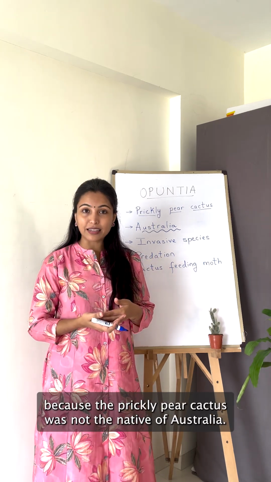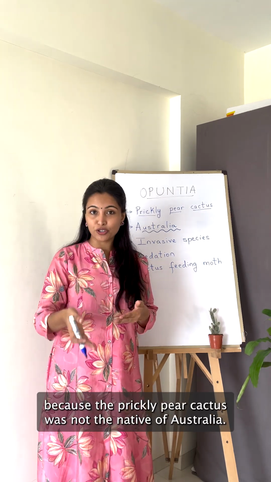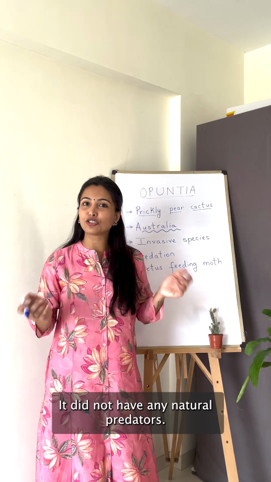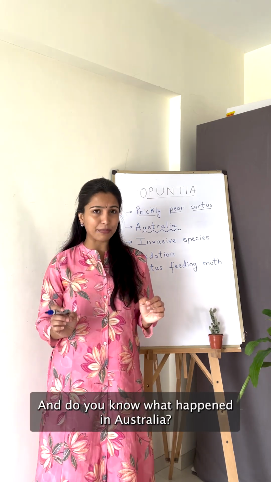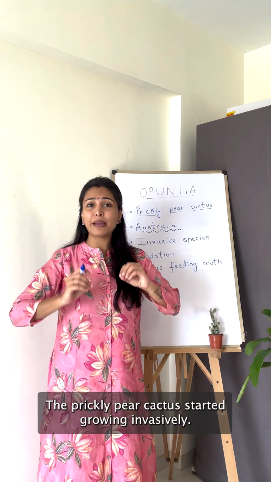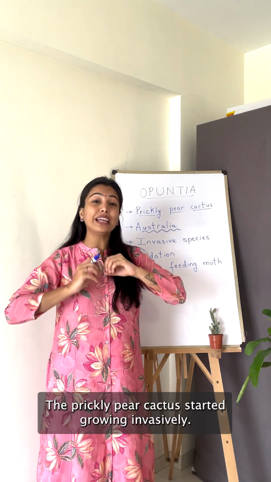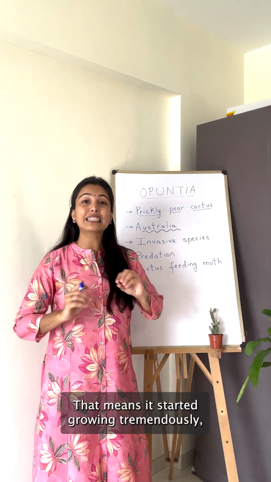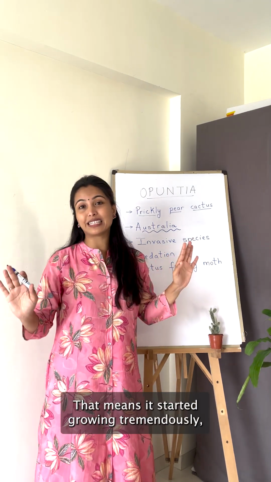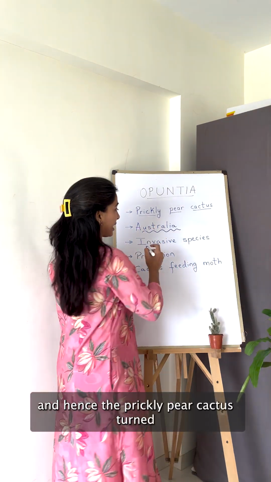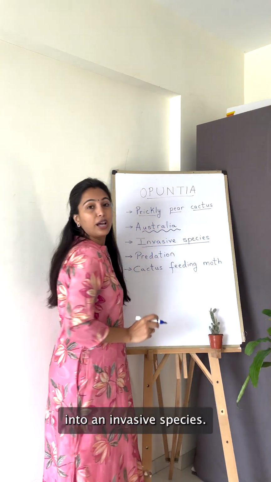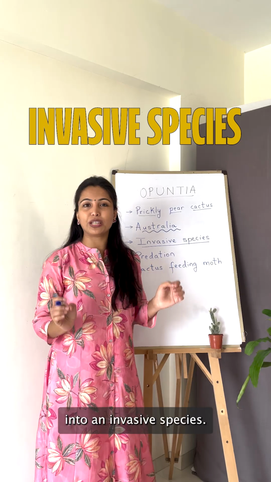Because the prickly pear cactus was not native to Australia, it did not have any natural predators. And do you know what happened in Australia? The prickly pear cactus started growing invasively. That means it started growing tremendously, and hence the prickly pear cactus turned into an invasive species for Australia.